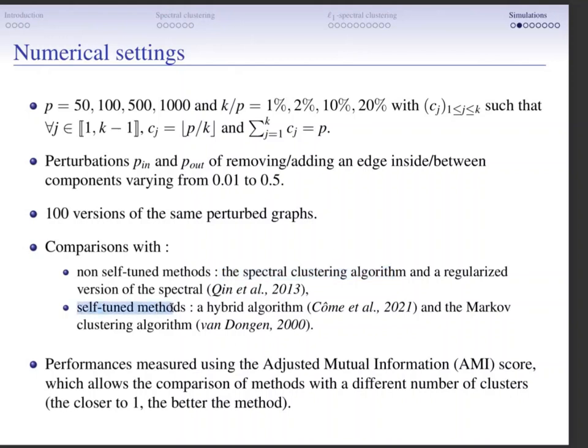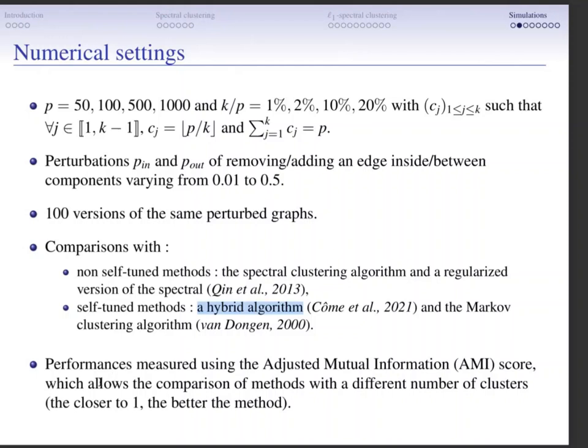And we also compared to self-tuned methods. Self-tuned methods, in contrast, do not require the true number of connected components to be run. We compared with the hybrid algorithm from Combe et al. and the Markov clustering algorithm from Van Dongen.